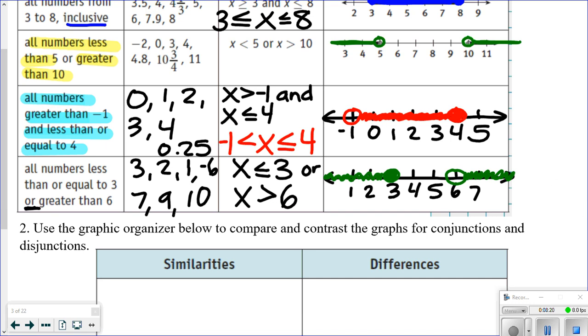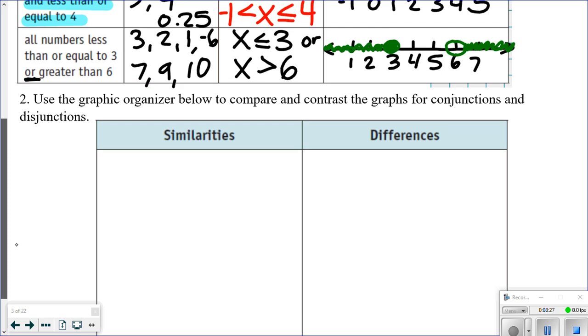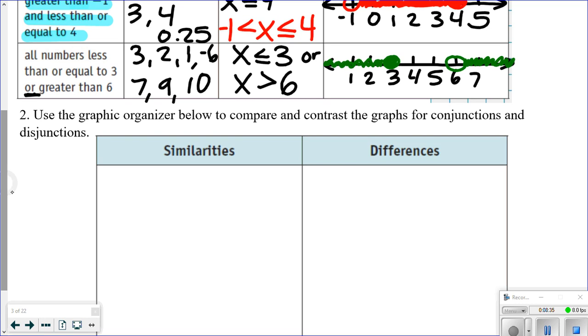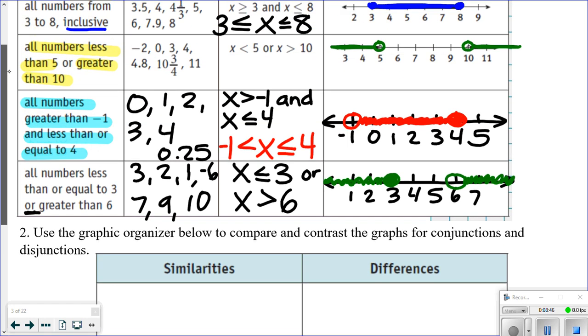So what I would like you to do is pause the video and answer question 2. Compare and contrast the graphs for conjunctions and disjunctions. Ooh, those are new vocab words. Conjunctions and disjunctions. So I'm going to go up and label which one is which for you.